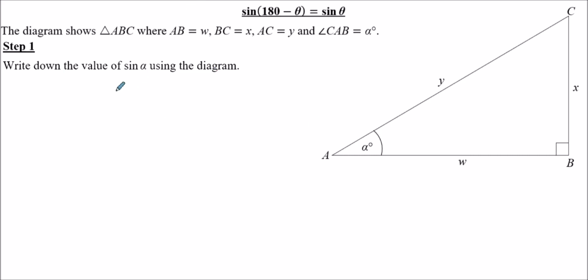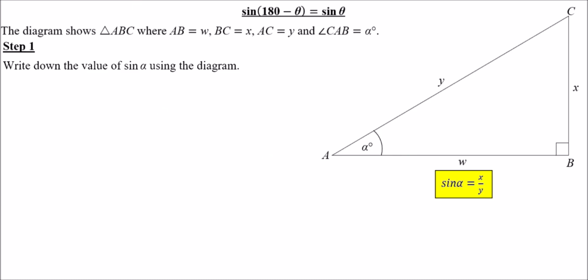Just recalling from basic right-angled trig, sine theta, or sine gamma in this case, is the same as the opposite side divided by the hypotenuse. And so in this case, sine gamma will be x over y. We need to write that down and just store it for later use. So I'm just going to pop it here.